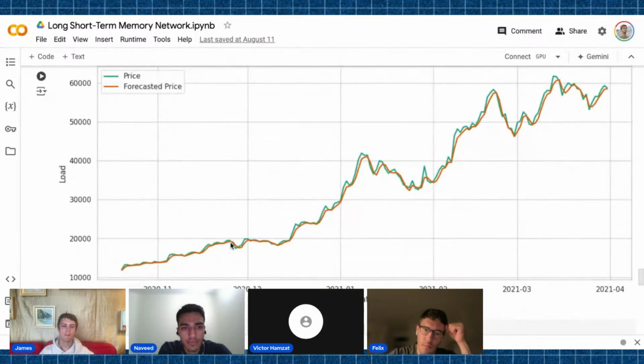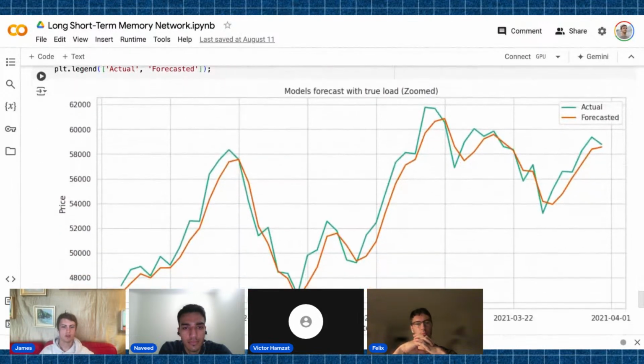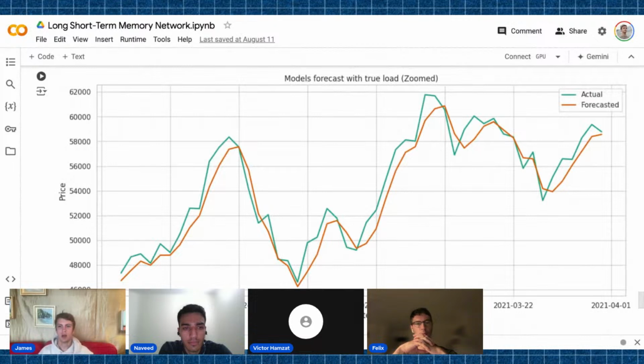So let's look a little bit closer into this. As you can see here, for predicting the next value based off of the past chunk, it's doing pretty good. Oftentimes it goes down when it should go down, and it goes up when it should go up. And here it's even more zoomed in.